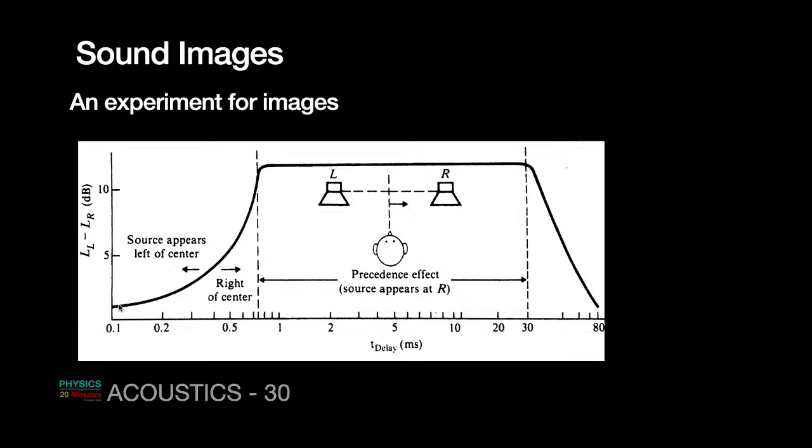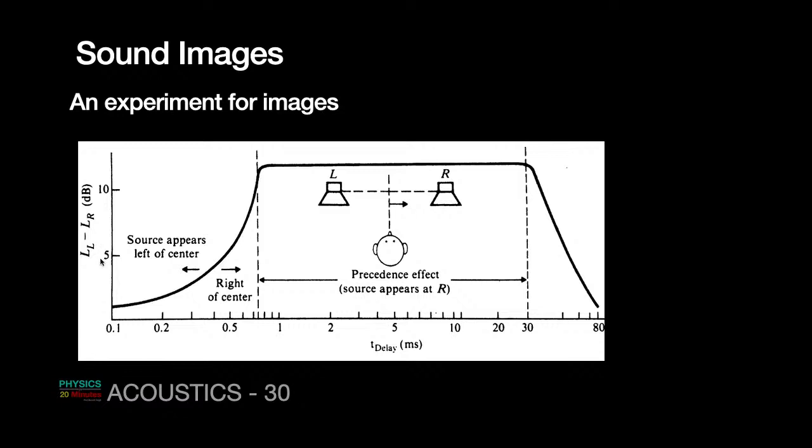So here are all those possible values. This line gives you all those possible values for which the delay can be compensated by an increase in the volume level. So this is the difference in the decibel level. As you can see, as the delay increases, you have to compensate by increasing the volume further.